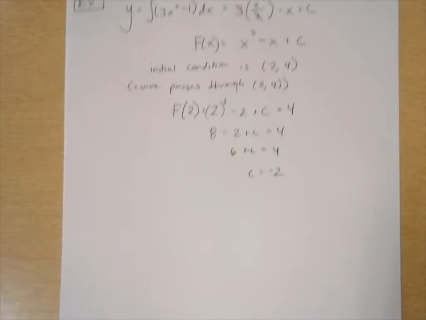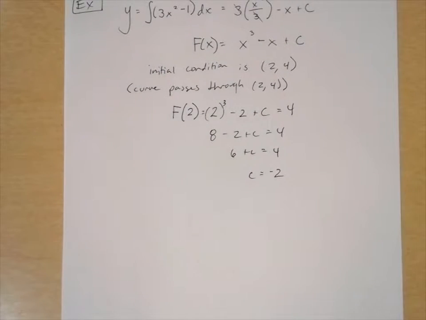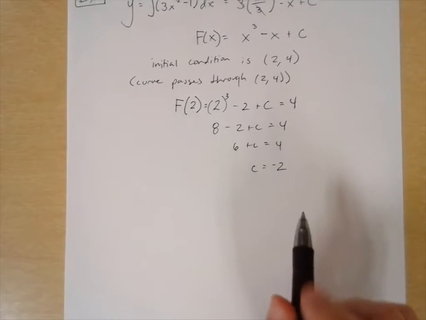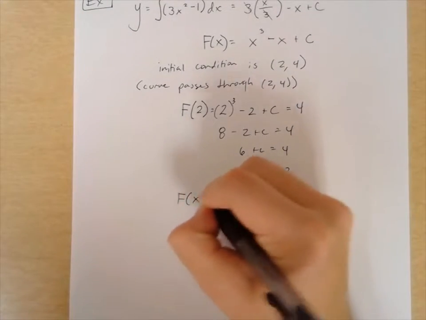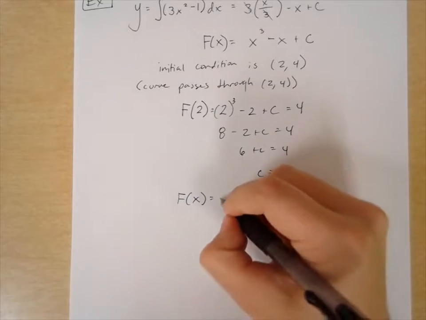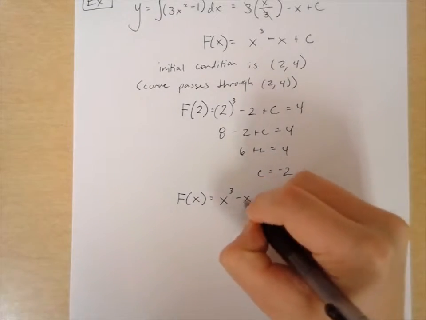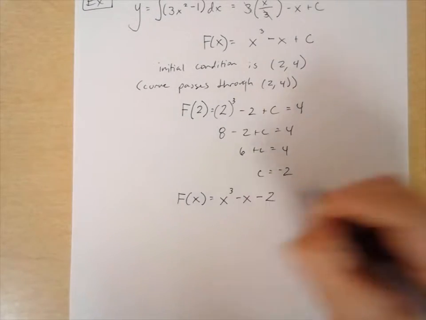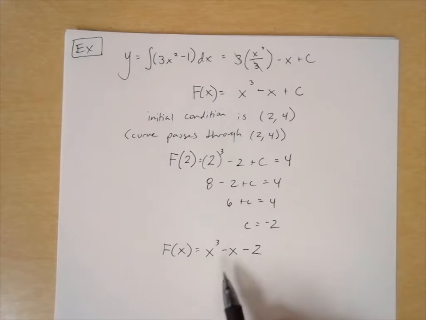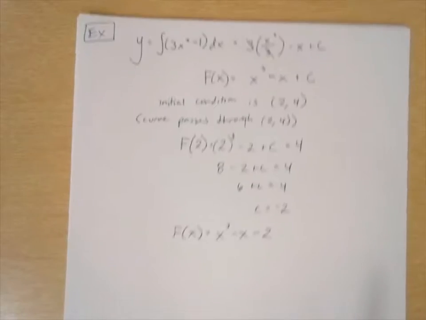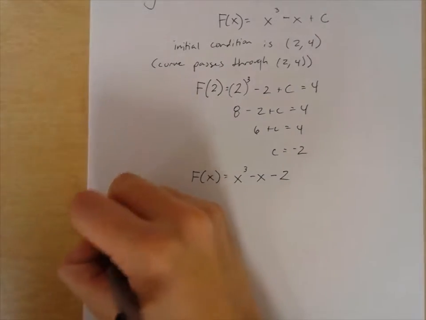Okay, so when I find the c value, I found my particular solution. So I know now that f of x is x cubed minus x minus 2. I fill in that minus 2 for the c value of my general solution, and now I have a particular solution. Okay.